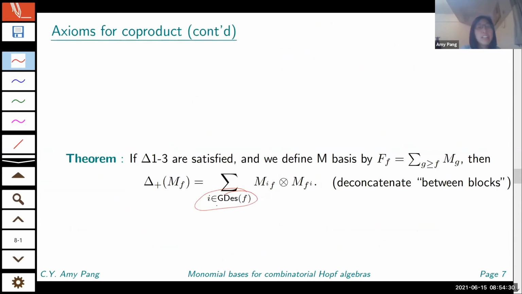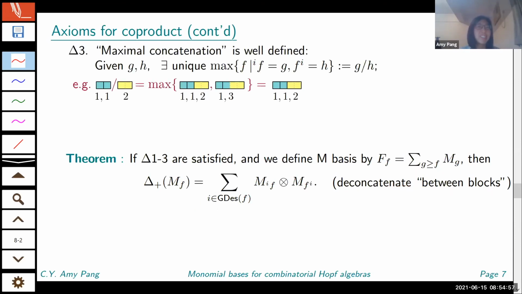In this one, I don't just sum over some subset of i's because I want to deconcatenate between blocks. Remember, I want a unique factorization and to be deconcatenating between the factors. So the third axiom is, how do I tell what is a block in one of these combinatorial objects.